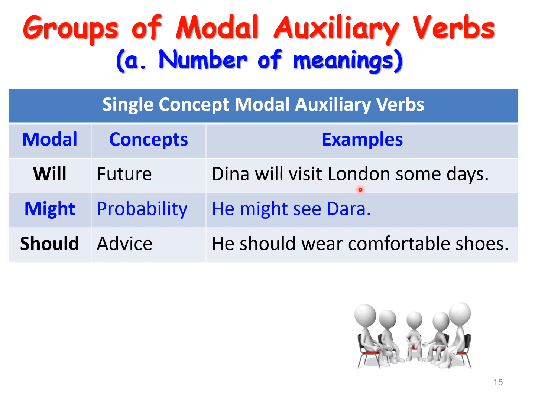Dina will visit London someday. Not now, right? She will go and visit London someday later. Might, the concept it represents here is probability. It might happen or it might be true. He might see Dara.